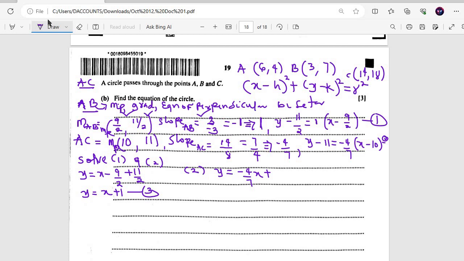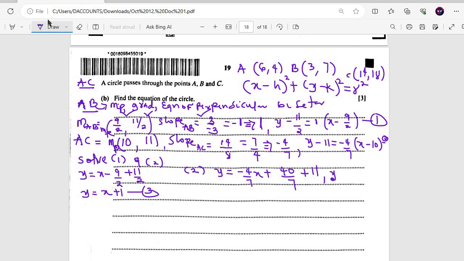Plus minus 4 over 7x plus 40 over 7. I think so. Yep. So plus 11.